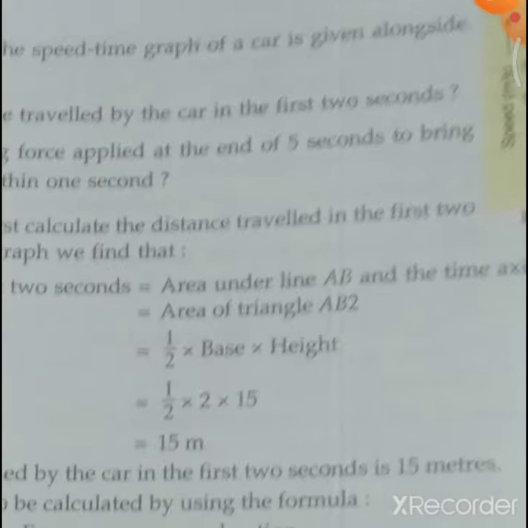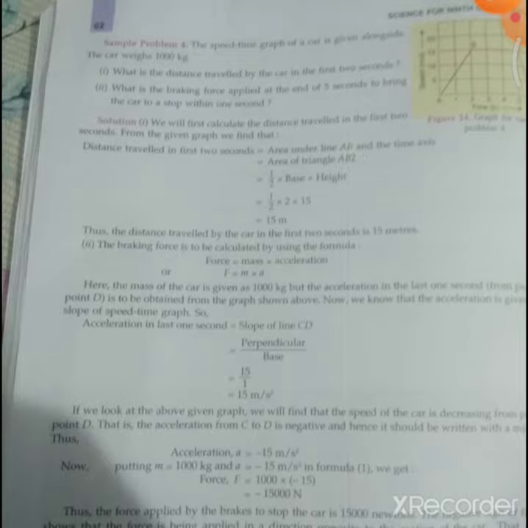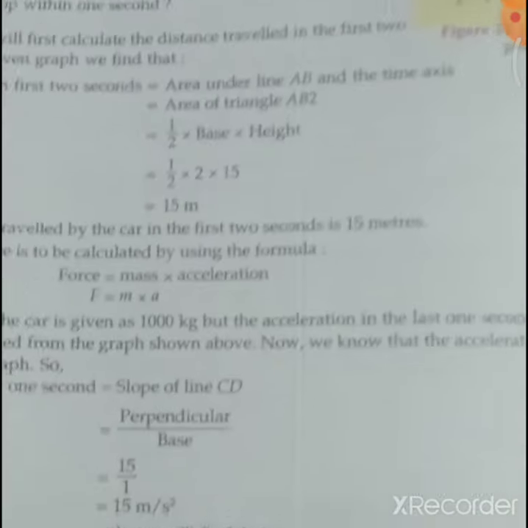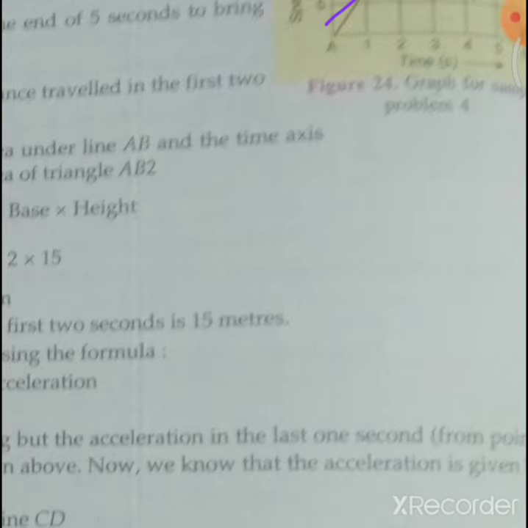To take it out, we will first calculate the distance traveled in the first 2 seconds. From the given graph, we find that the distance traveled in the first 2 seconds is the area of triangle AB2.